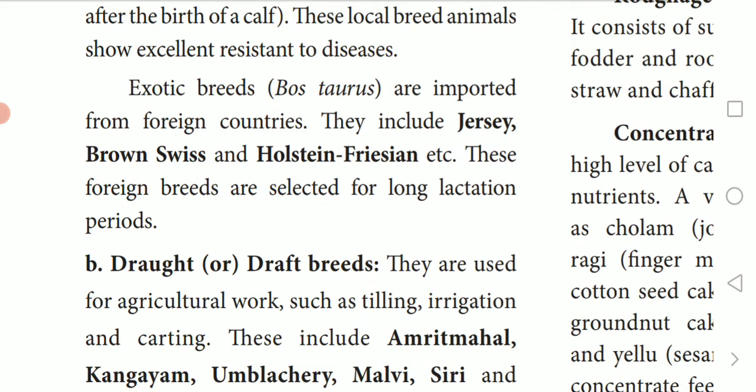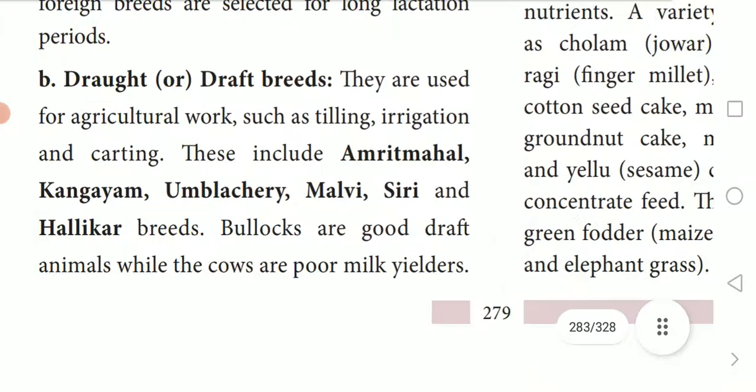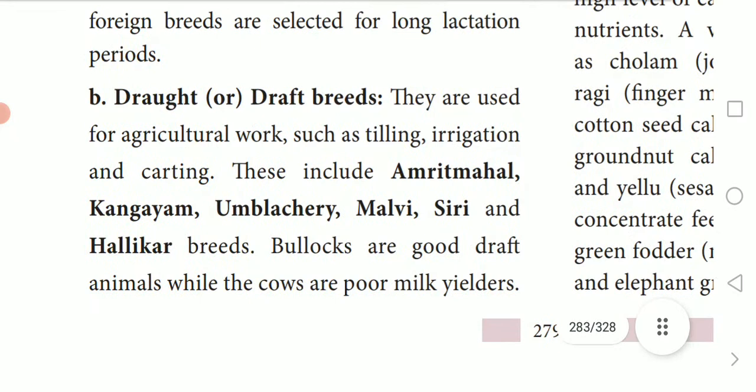So, what do exotic breeds mean? The foreign animals which are imported from foreign countries and allowed to mate with our Indian bull or cow. Such animals which produce young ones we call exotic breeds.